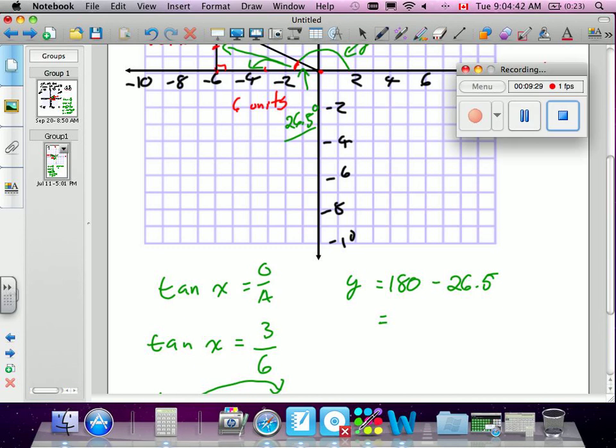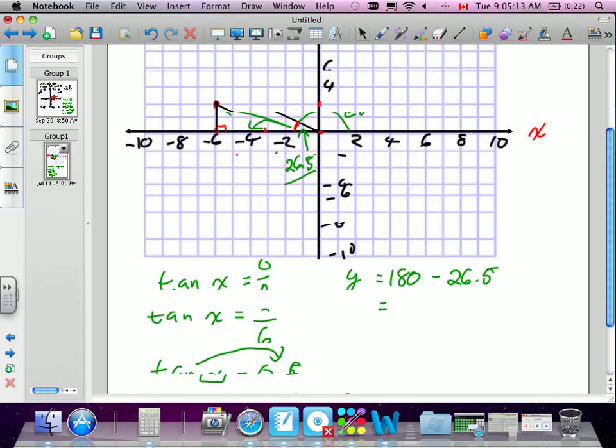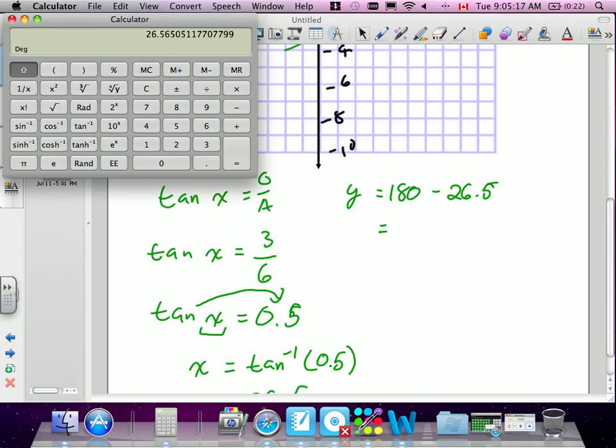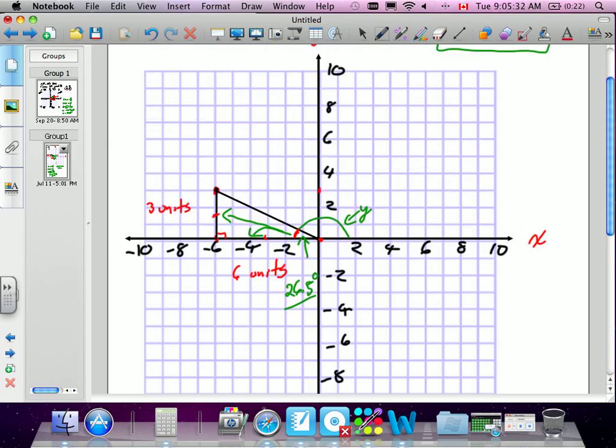So we're looking for Y: 180 subtract 26.5. Actually, I better do it the right way. 180 subtract 26.5 is 153.5. So this angle here, our green angle, is 153.5 degrees.